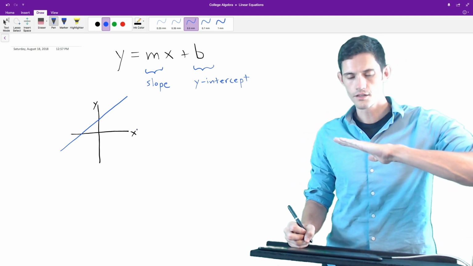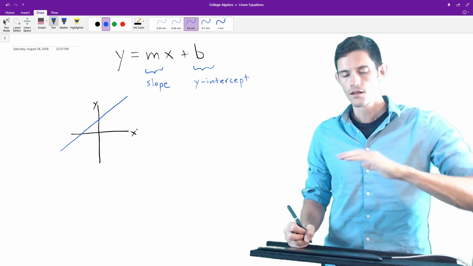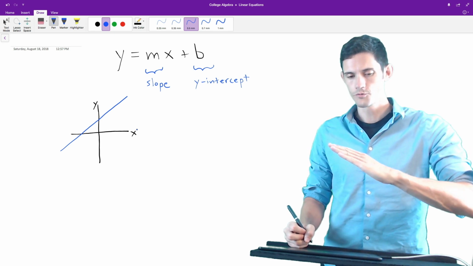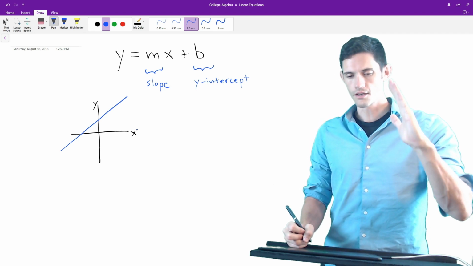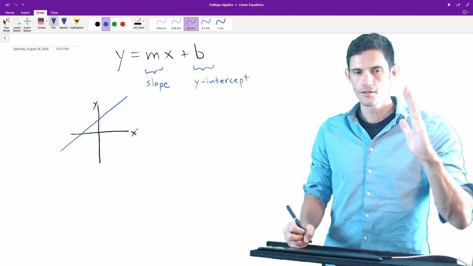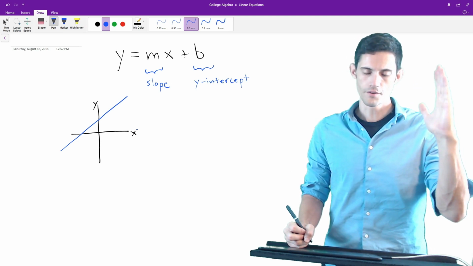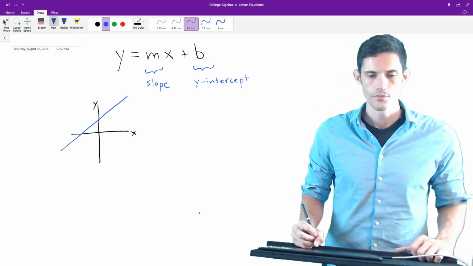If the line is perfectly horizontal, it'll have a slope of 0. And I'm talking about left to right. If it gets steeper as you move from the left to the right, then the slope increases. As it approaches a vertical line, the slope approaches infinity. And a perfectly vertical line has an undefined slope.